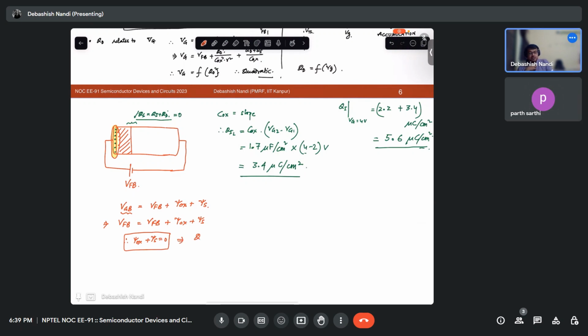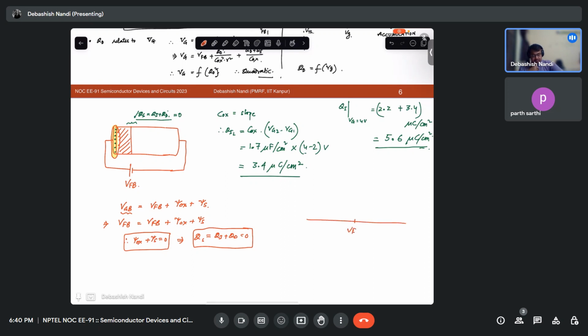If you do it mathematically, this will lead to QS, or QI plus QD, being 0. So remember that at flat band, there will be no charge in the semiconductor. Okay. Neither positive charges nor negative charges.